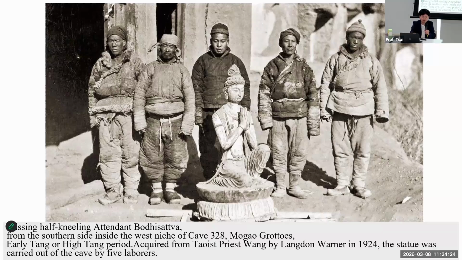So this is a historical photo of the missing bodhisattva. Now, if you are visiting a museum in the United States, you can pay a visit to the stolen artifacts in the collection of the Sackler Museum.